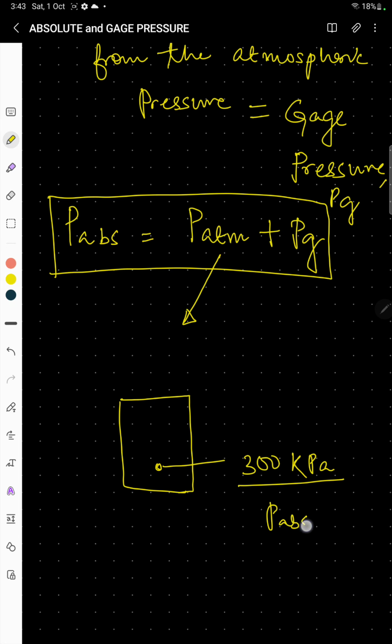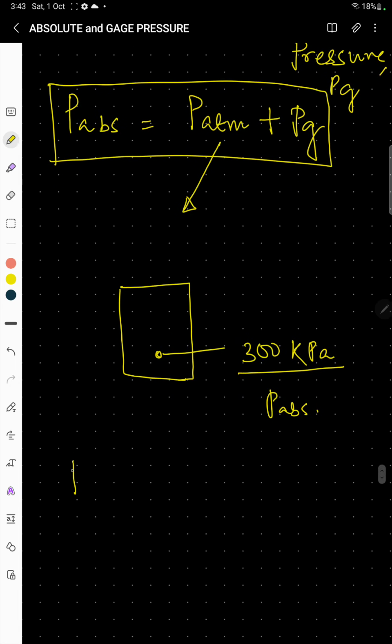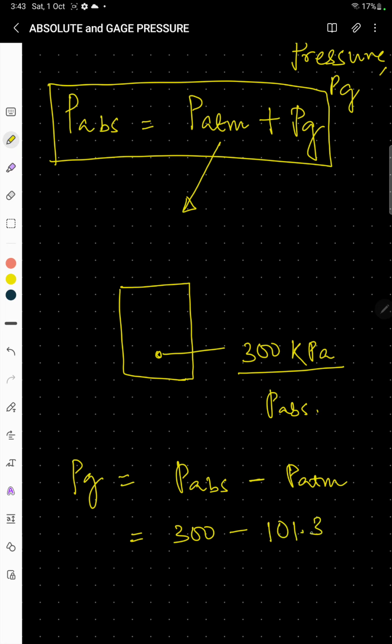If I ask you what the P gauge will be, then your P gauge will be P absolute minus P atm. That will be 300 minus 101.3 kPa, which comes out to be 198.7 kPa.